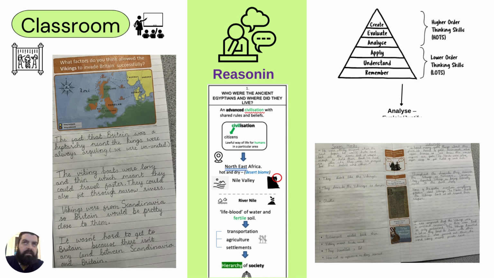So we pulled in knowledge from the Anglo-Saxons, really emphasising the curriculum as being key there, which they did in year 5. They knew that by this stage, Britain was a heptarchy, so there wasn't a united front. It meant that the Vikings could invade individual kingdoms, and possibly other kingdoms wouldn't communicate with each other, they wouldn't want to seem weak, and so on and so forth.